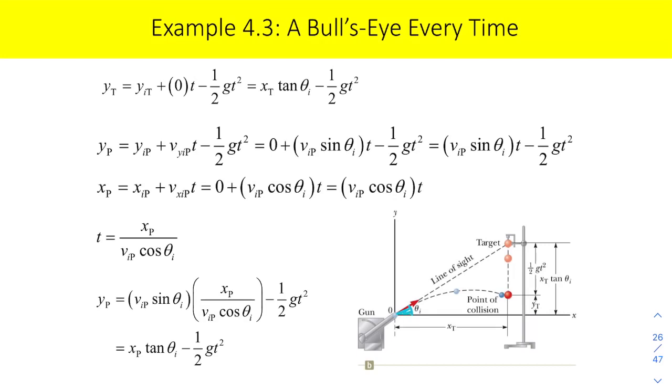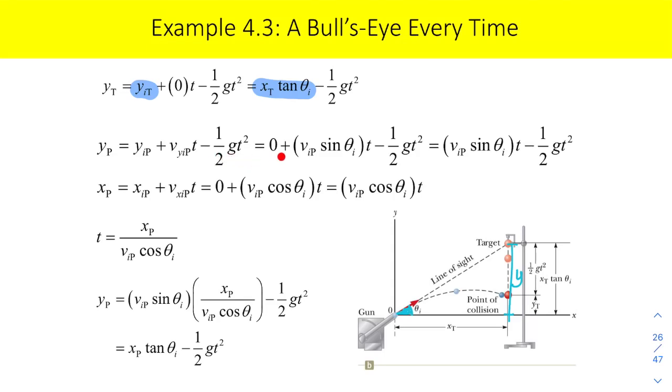You have your angle here, your x here, and this one is your y initially, by making use of the triangle and this theta initial. So xt tangent theta is your y initial.